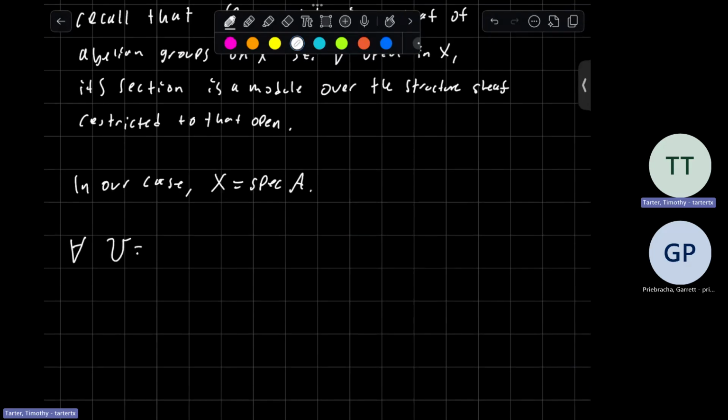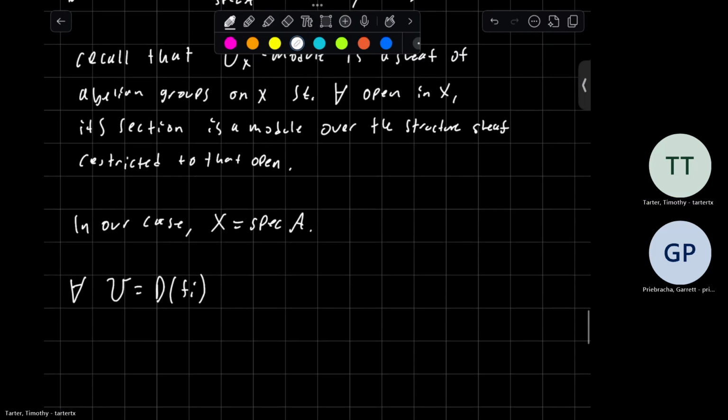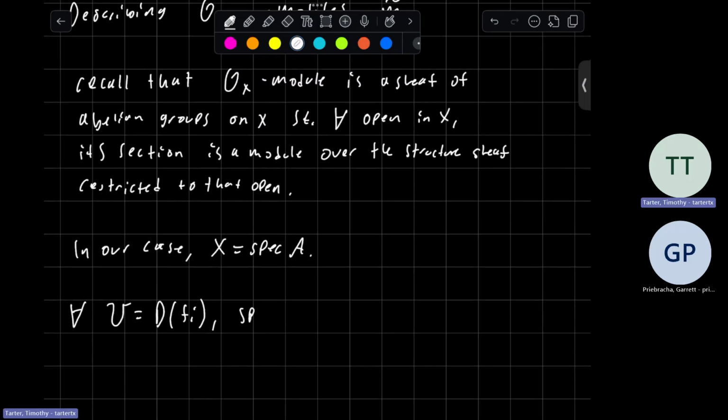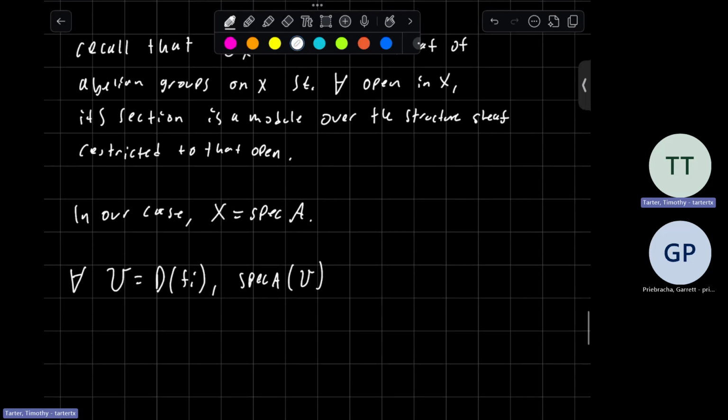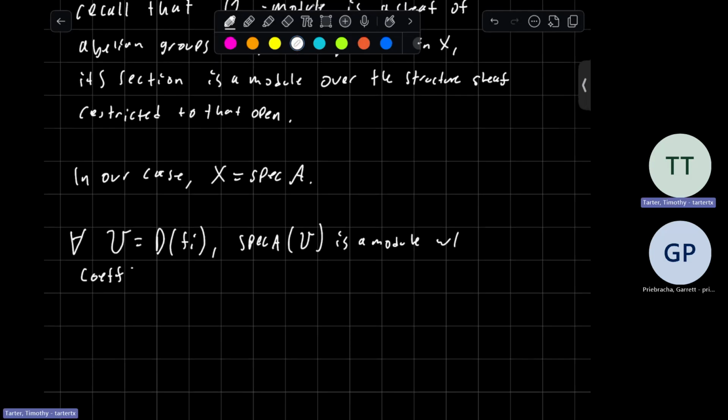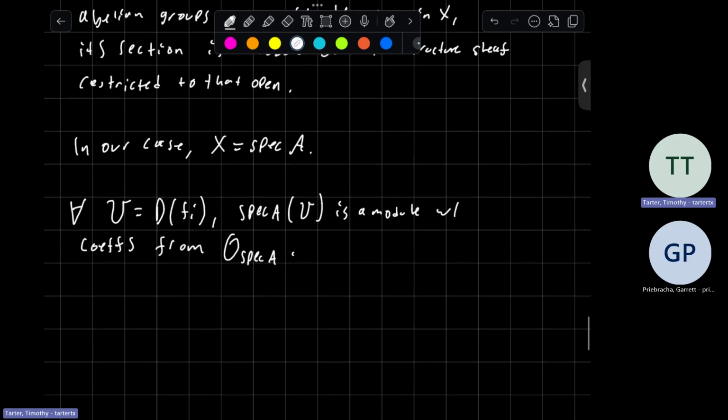So for every U equal to DFI, we have spec A over U as a section is a module with coefficients from the structure sheaf.